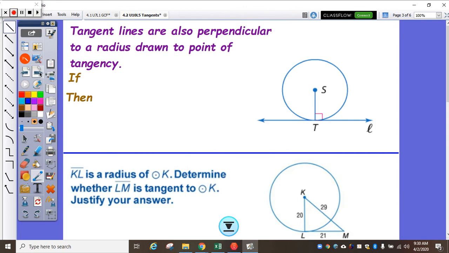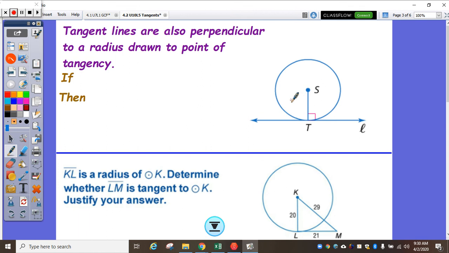All right, so let's look at this right here. If I have a radius that connects to the point of tangency on a tangent line, that radius makes it perpendicular.